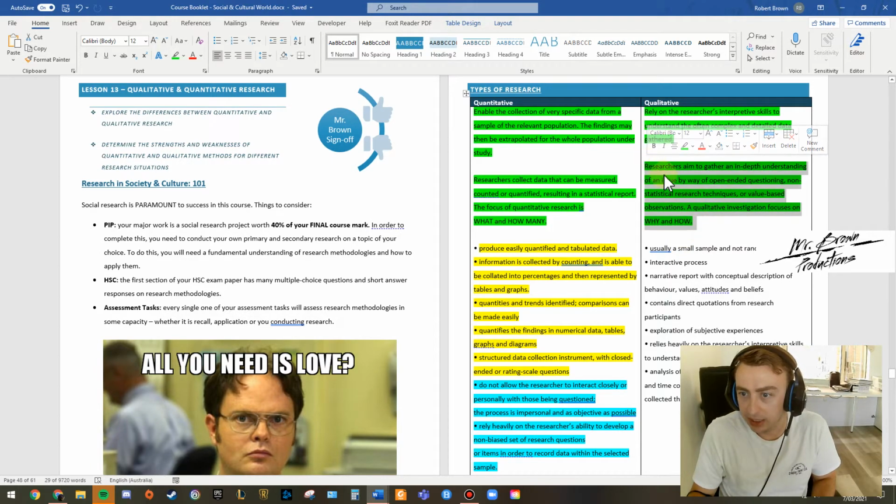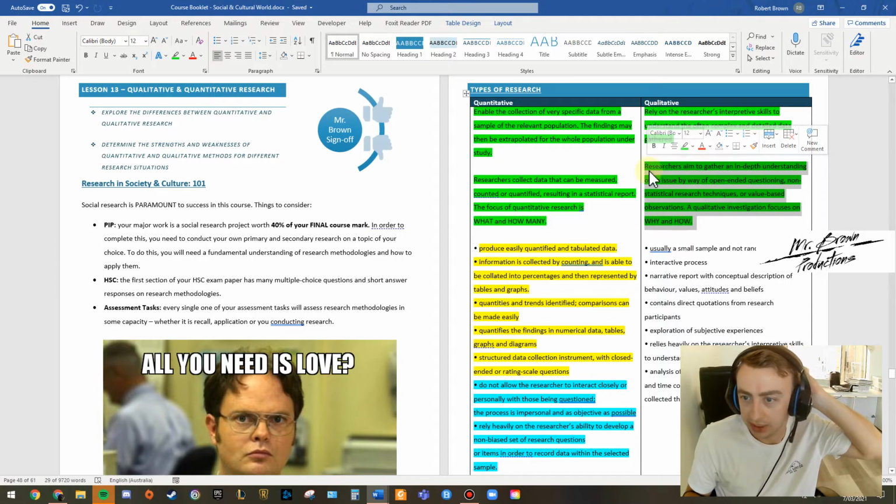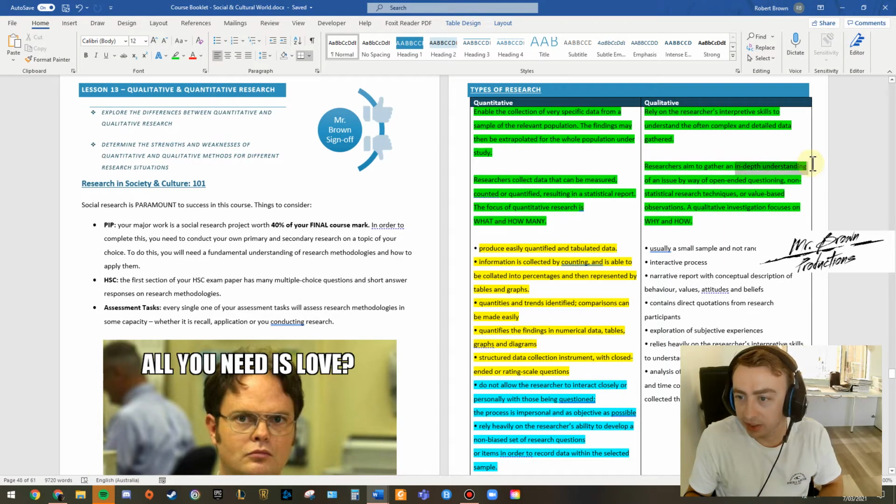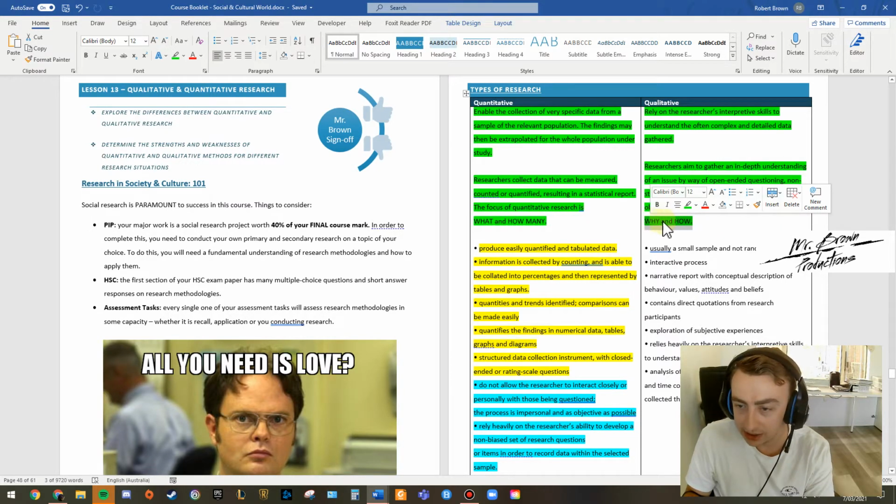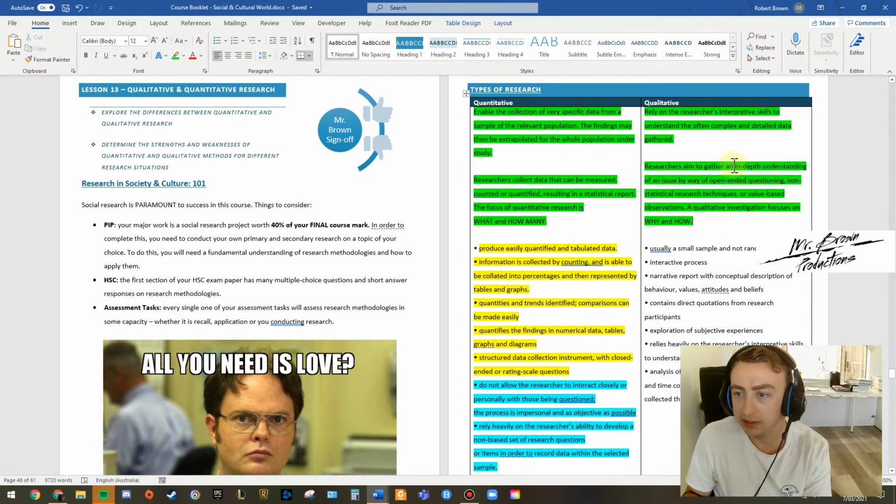And then the second part is the purpose of qualitative research, and that's to gather an in-depth understanding of an issue by way of open-ended questions and non-statistical research techniques, so things like interviews or value-based observations. A qualitative investigation focuses on why and how, so that's the more in-depth understanding.